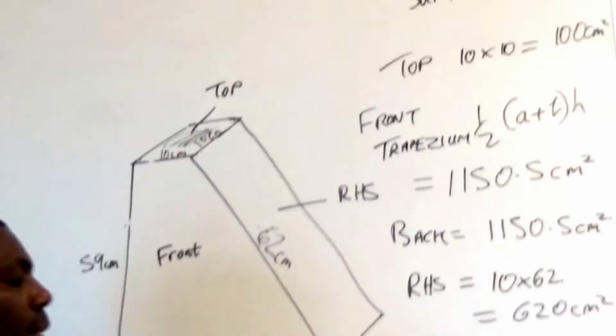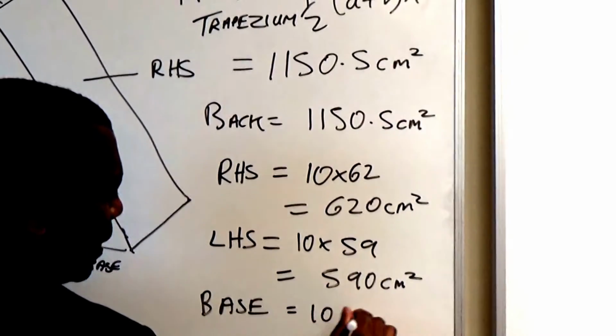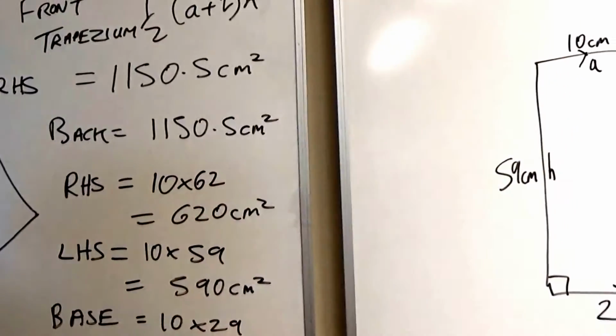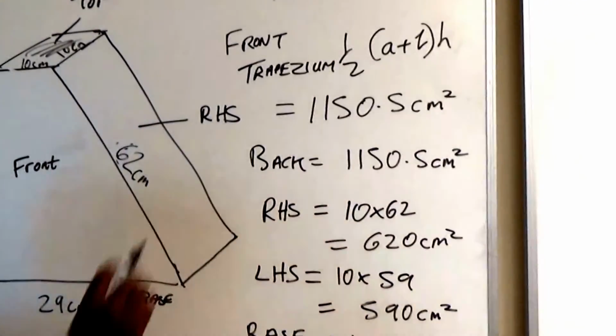Yeah, it's another rectangle. Again, it's not the same size as any of the other faces. So that will be 29 times 10. This is 290.